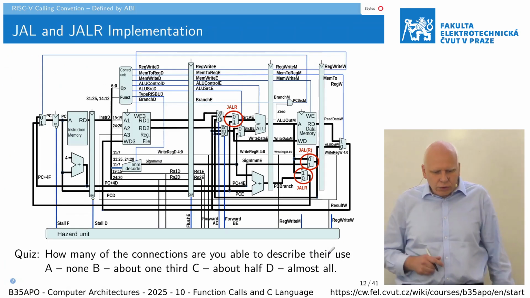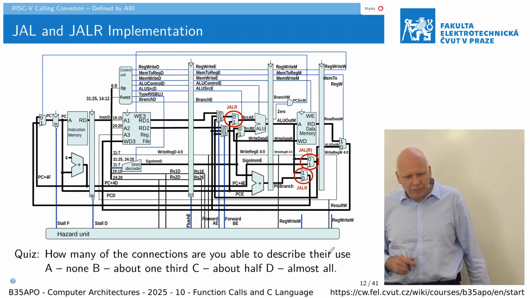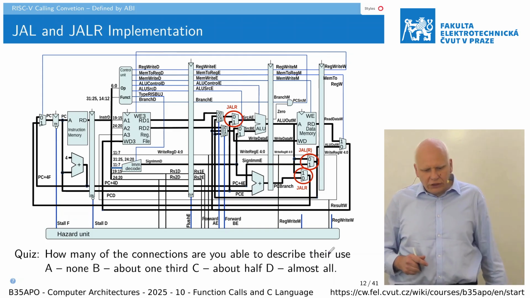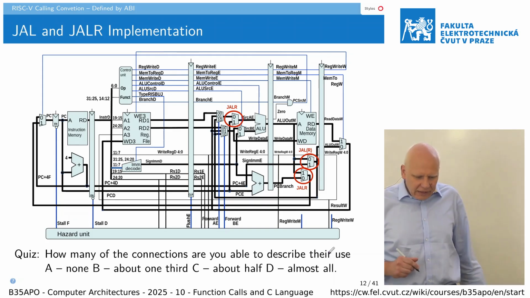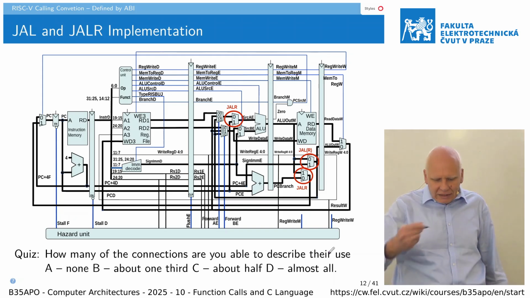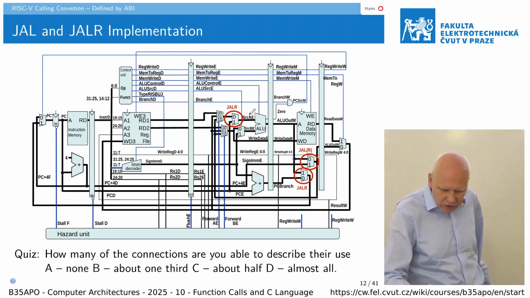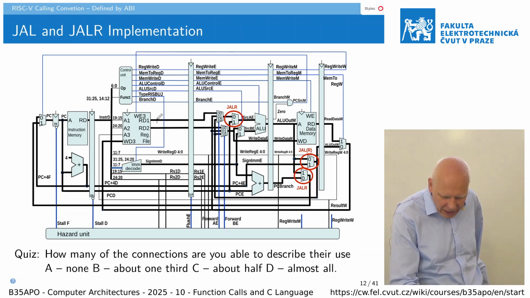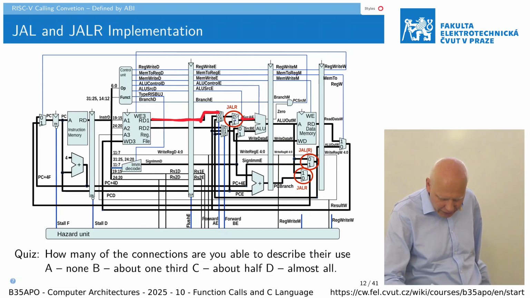And what we need to do with our processor to ensure that we can realize those operations. So for jump and link register, we need the operation where we can combine the RS1 together with some immediate operand.